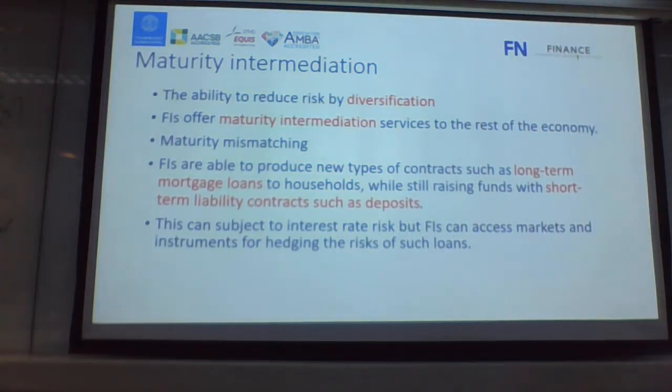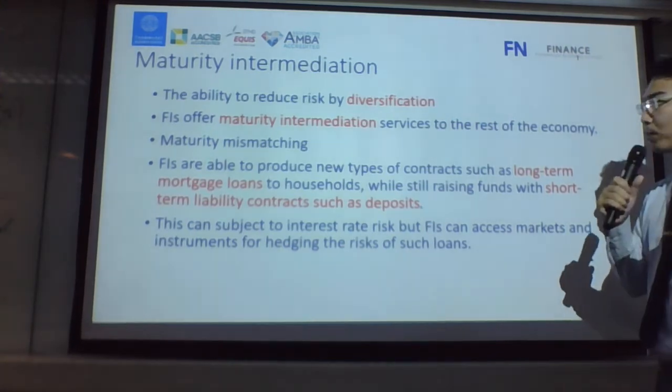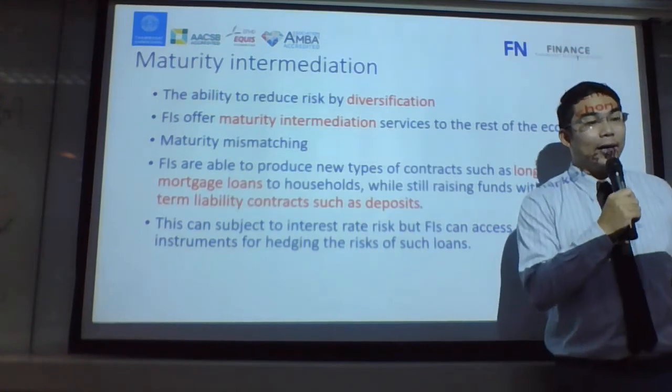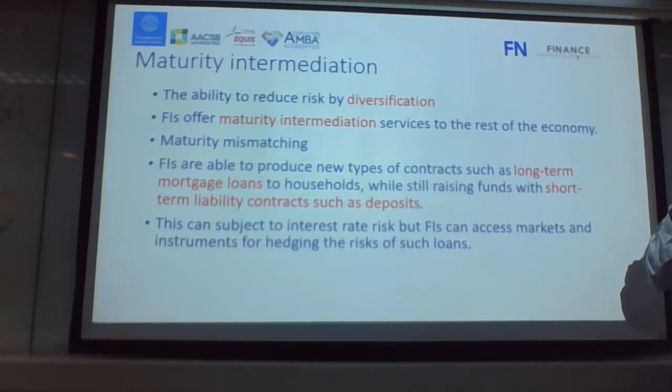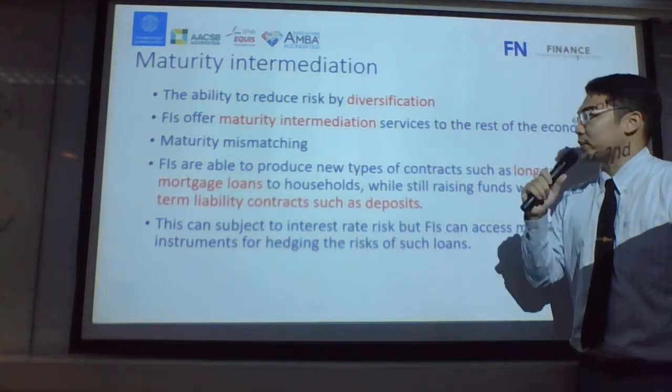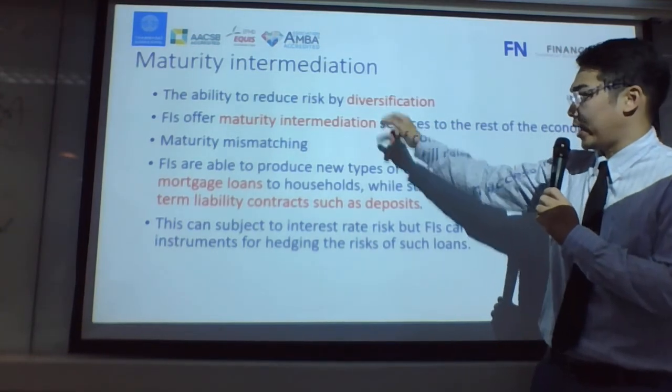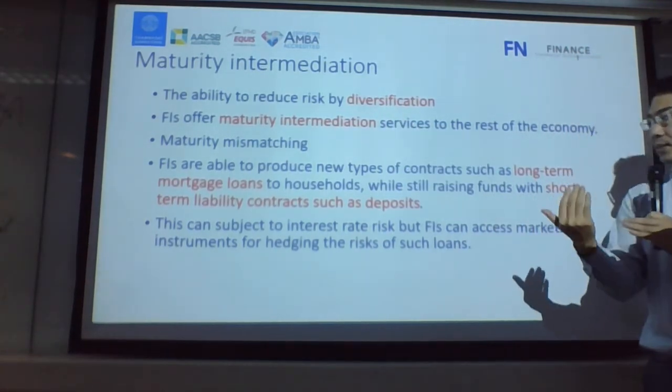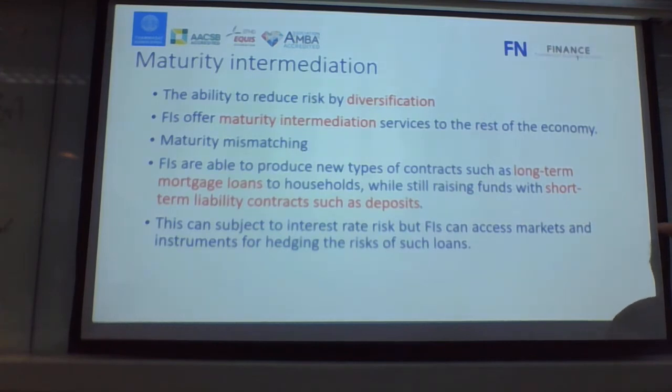The next one is maturity intermediation. For this one, the bank will provide the maturity to the people who deposit the money here. How can the bank provide the maturity to people? Bank can obtain this feature through diversification, because on the asset side the bank holds assets with different maturity.